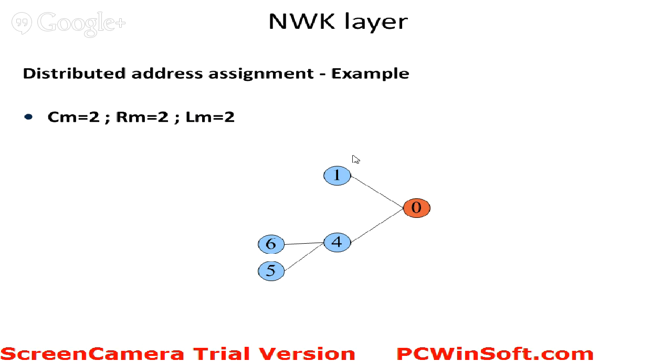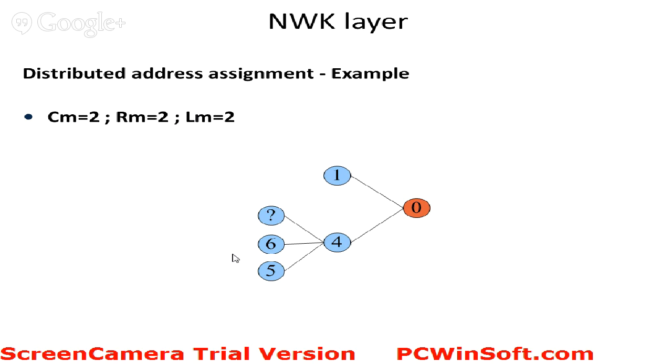The 0 is the coordinator. It has 2 child routers, 1 and 4. And 4 has 2 children, 6 and 5. Now, as per my policy stated above, this 4 has 2 children, which is the maximum limit. Again, the depth has also reached 2 levels.